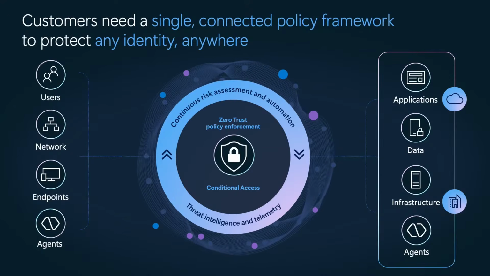Once we've made a decision about what it can access, we then will grant access either by stepping up authentication, blocking, or requiring additional information or approval, for example, before we can then go access things like applications, data, infrastructure, and agents. And you'll see on the left-hand and the right-hand side, we've got agents on both because agents can also access other agents or resources or data.